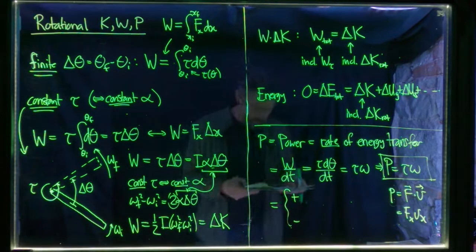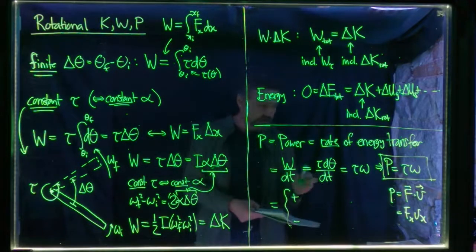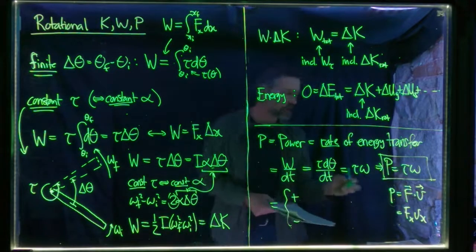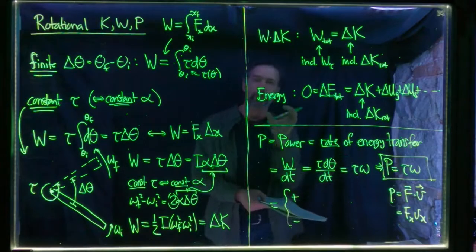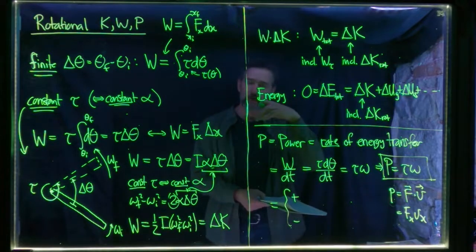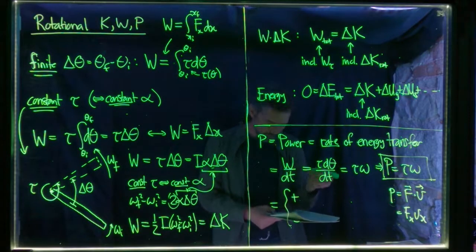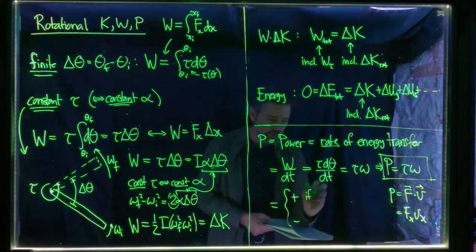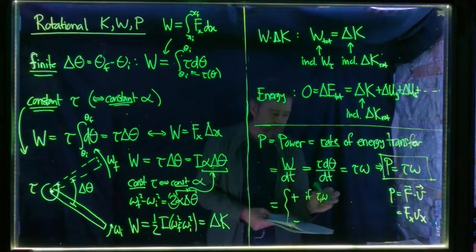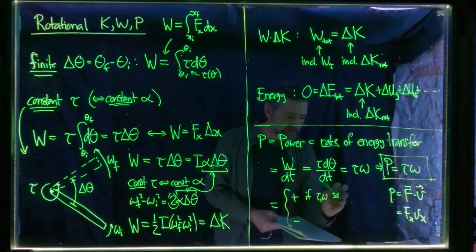So that power can be positive or negative. It'll be positive if the torque and omega have the same sign, either both positive, say both counterclockwise, or both negative, both clockwise.